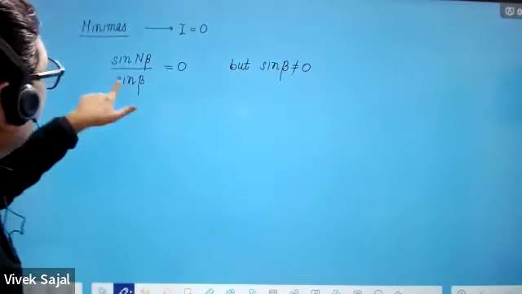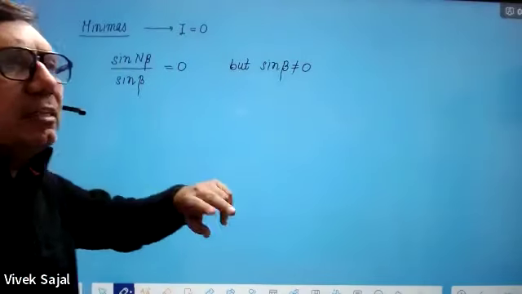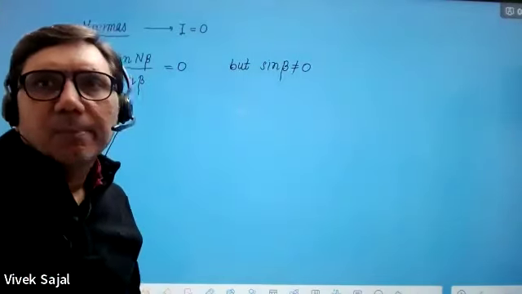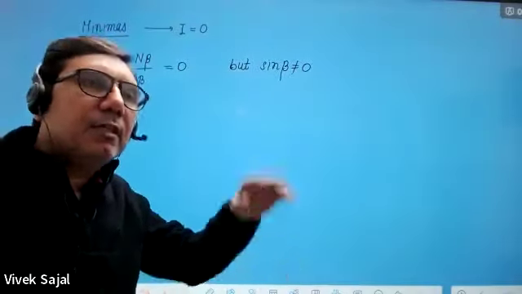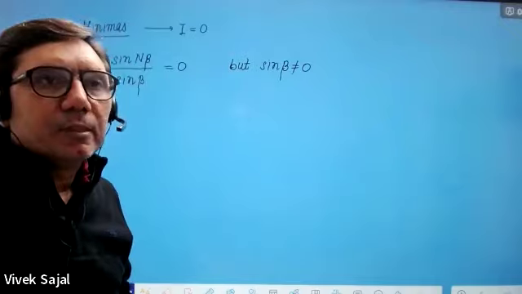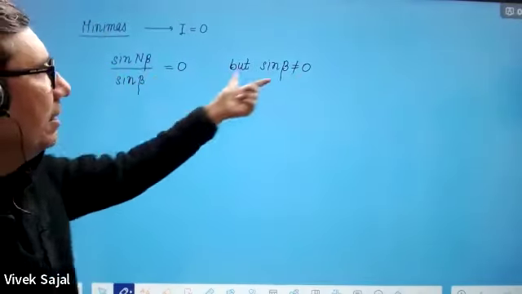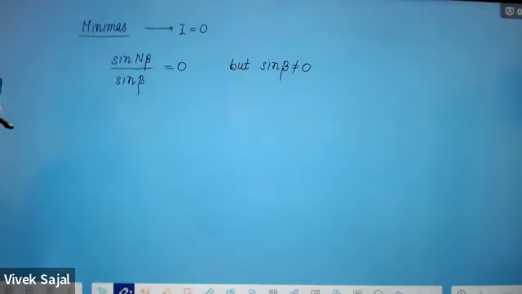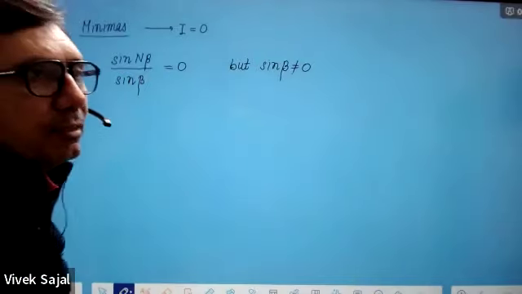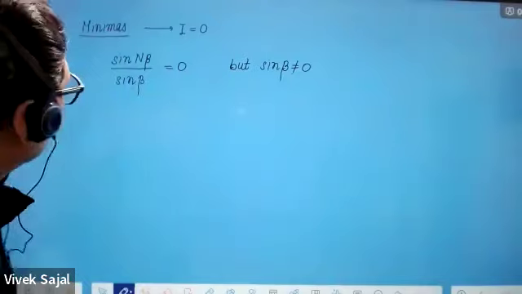If sine beta becomes 0, then it will be 0 by 0, and you will be at the position of principal maxima, and at the position of principal maxima, the intensity is not 0, that is maximum. So we have to avoid this situation.